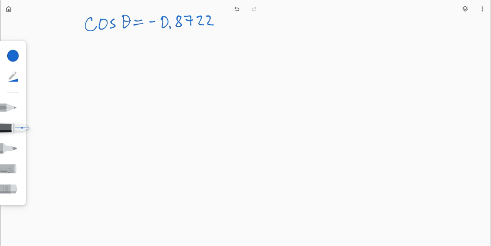So let's say we have an angle beta, which is 45 degrees. Okay, so cosine beta is going to be square root of 2 over 2.